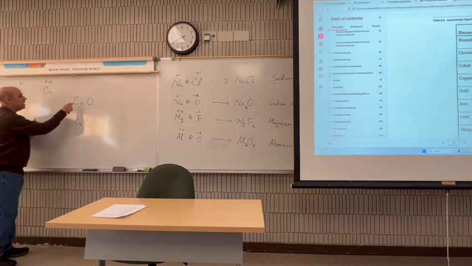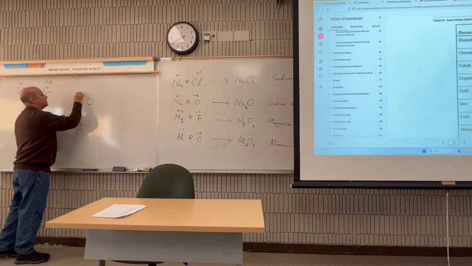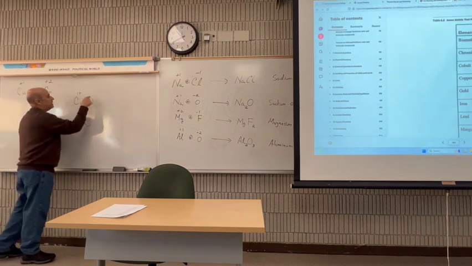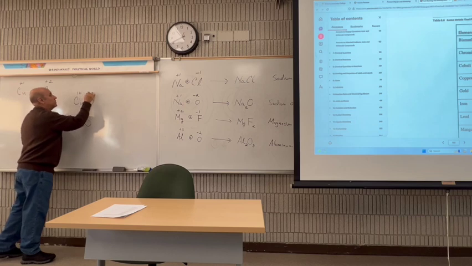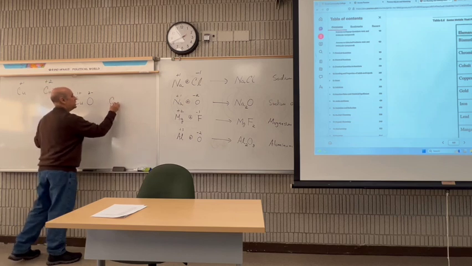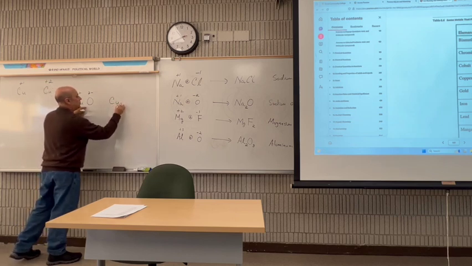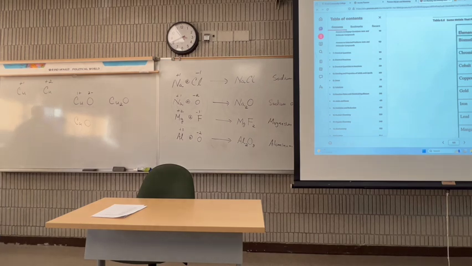If the copper in this top example has a charge of 1 plus, interacting with the oxygen, which doesn't change, it's 2 minus. What happens when we crisscross? We get Cu2O. You know how to do that now.